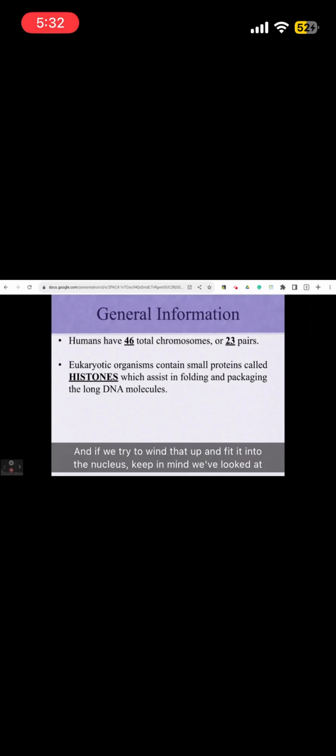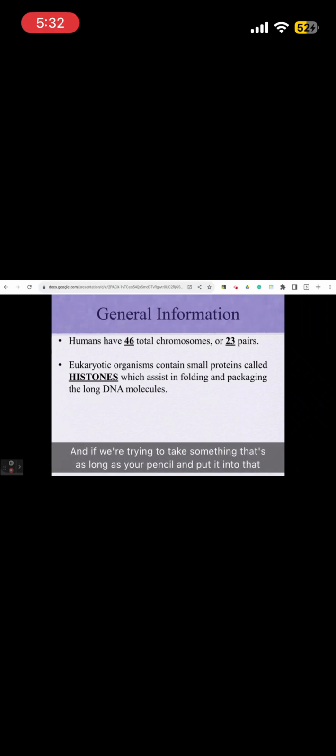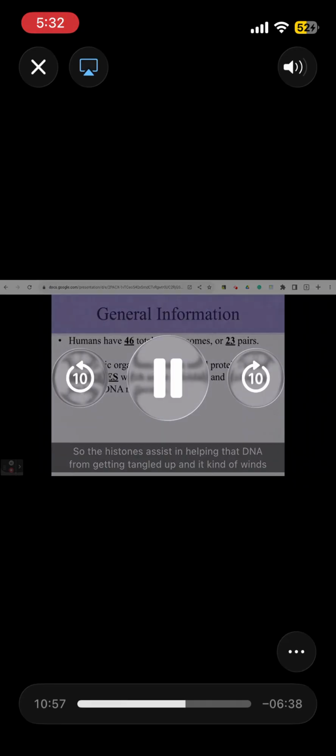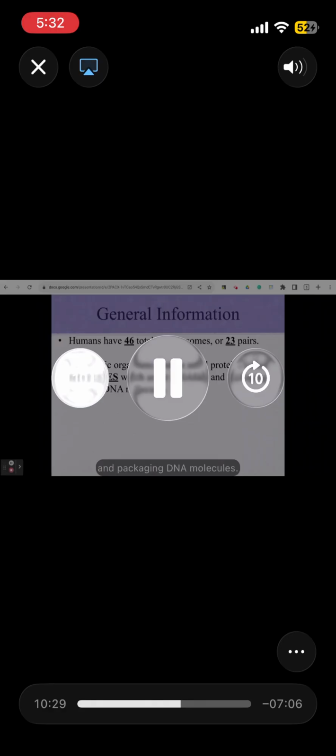And if we tried to wind that up and fit it into the nucleus, keep in mind we've looked at some of these cells under the microscope and we know they're really small. So the nucleus has to be even smaller. And if we're trying to take something that's as long as your pencil and put it into that nucleus, the tendency of it is it's going to get twisted up and get knotted. So the histones keep packaging DNA.